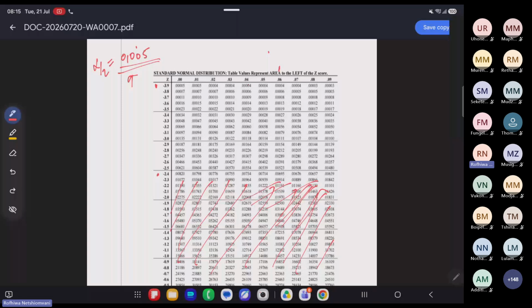Do I agree? Now, what is the value after the 2 zeros? We have a 5. Now, we want a row where after 2 zeros we have a 5. Which row is that?